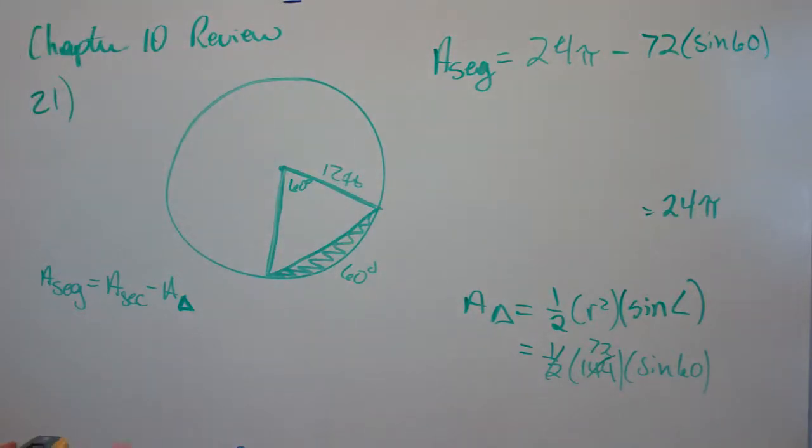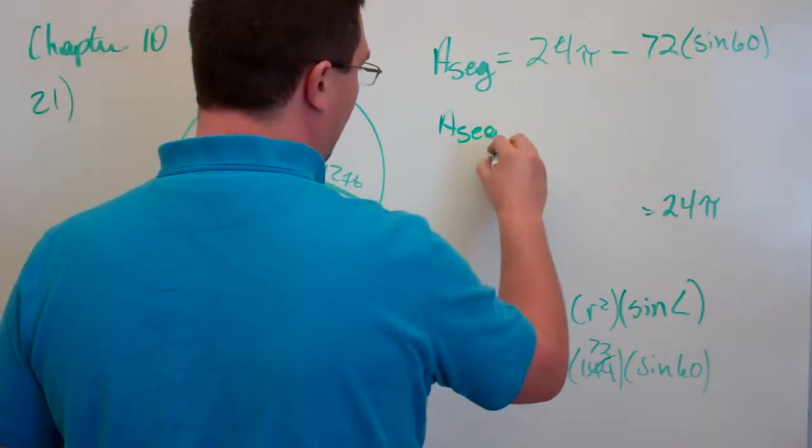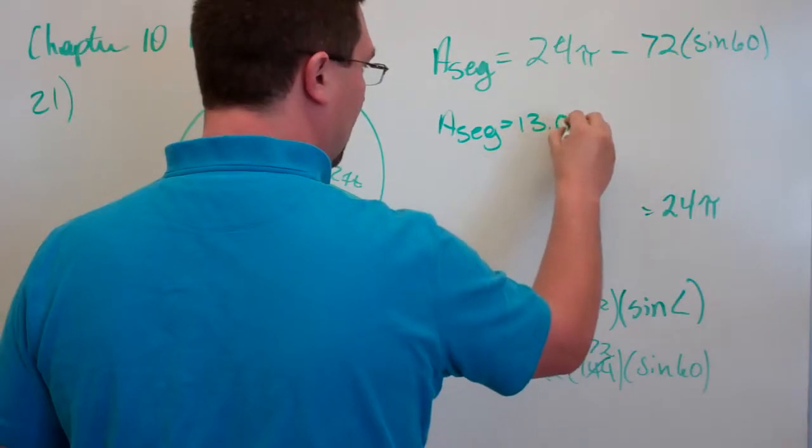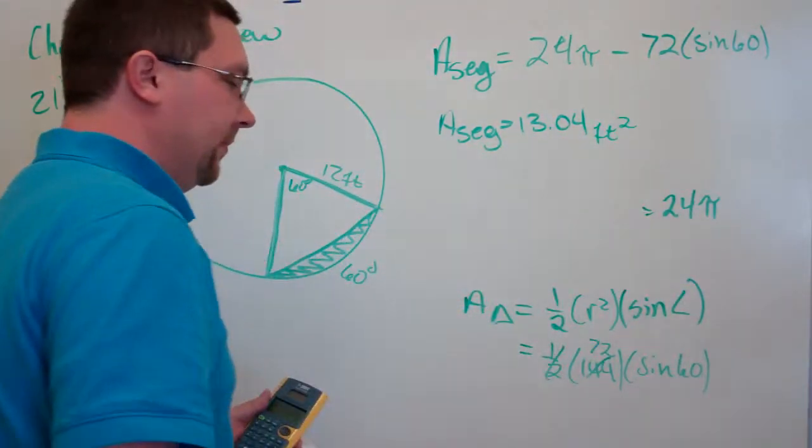Okay? So, just punch it in your calculator, 24 pi minus 72 times the sine of 60. And you should come up with 13.04. And whatever the units were, feet squared. Alright?